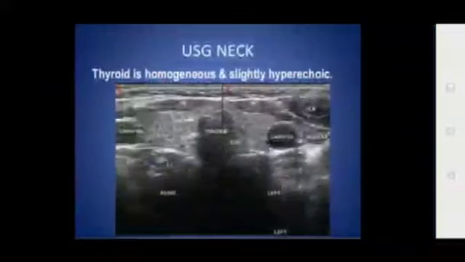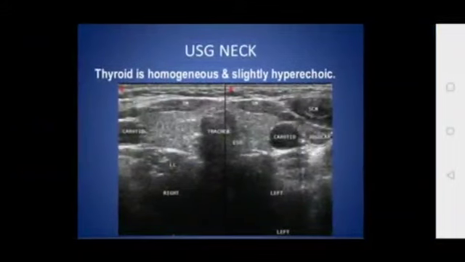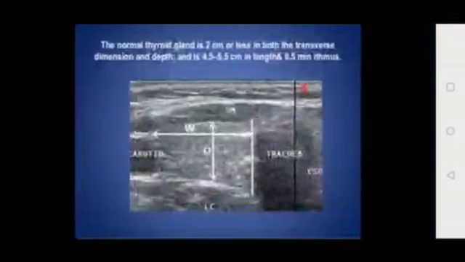Other than this investigation, this is the ultrasound neck. Ultrasound of the neck shows the thyroid as homogeneous and slightly hypoechoic. You can see on either side the left and right thyroid lobes. In between is the trachea, and laterally on either side are the carotid vessels.